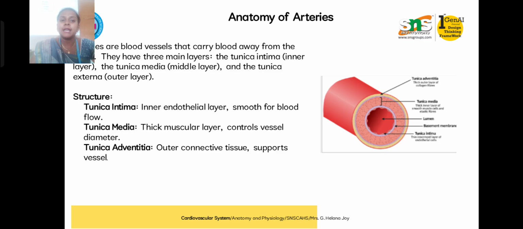Tunica media is the middle layer, a thick muscle layer which controls the blood vessel's diameter. And the next is tunica adventitia, the outer layer, which is made up of connective tissue and supports the blood vessel.